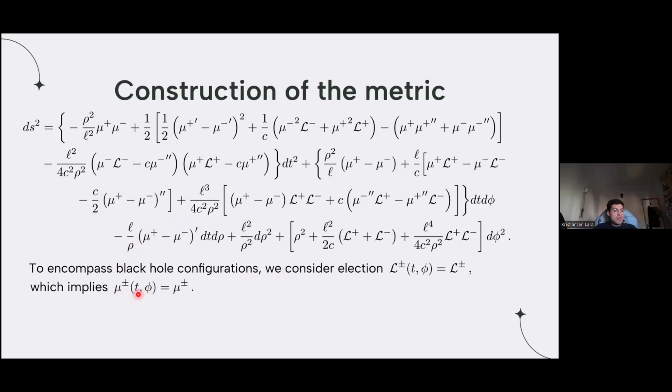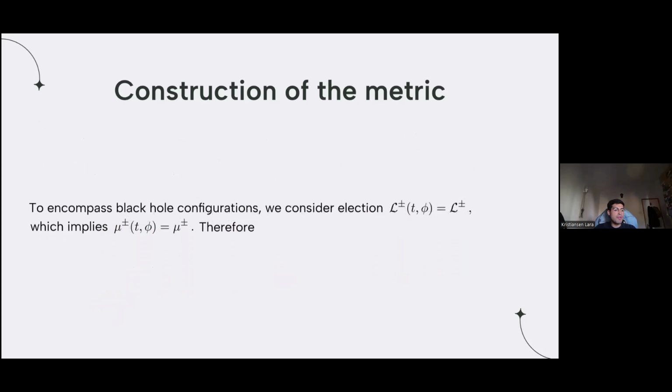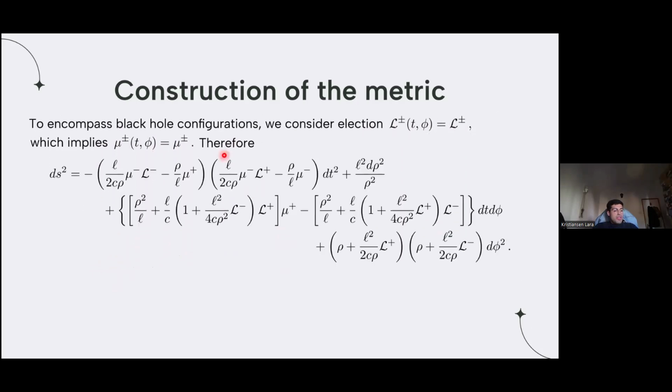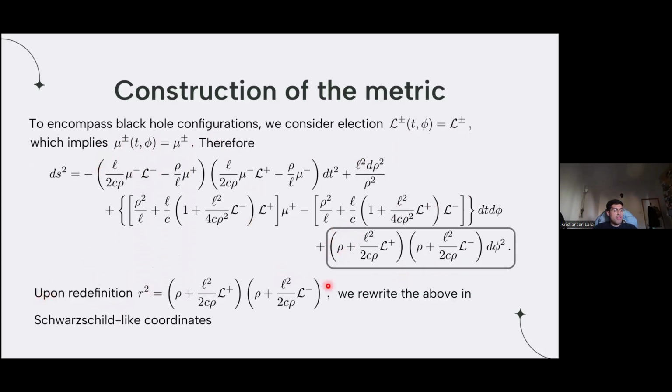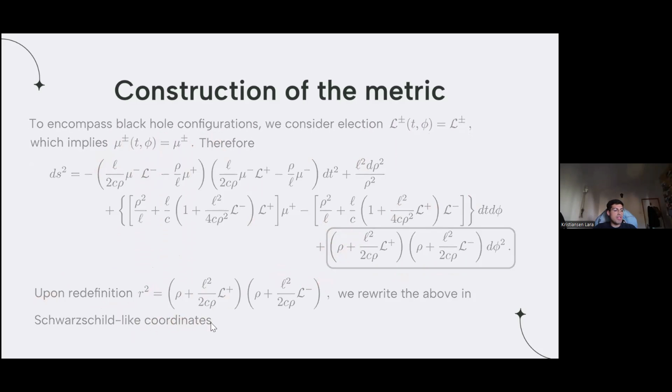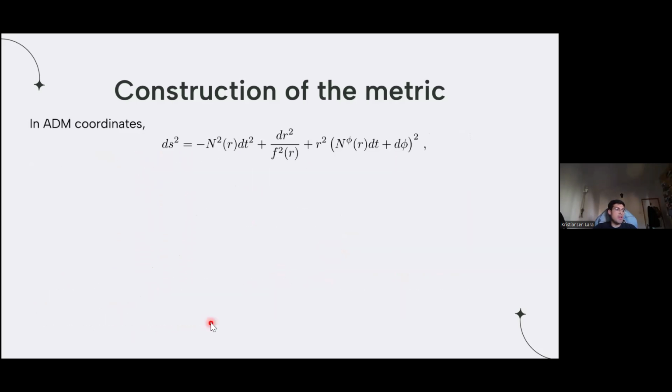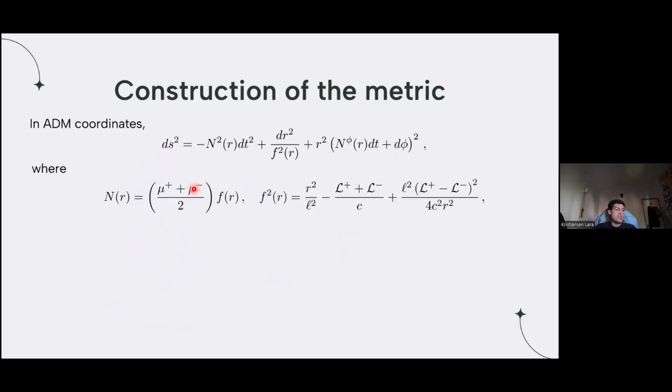So remember that mu was the functional derivative of h with respect to L. So if we consider the zero mode L, it will imply that mu is a constant. Therefore, with this constant, the metric further reduces. So now if we make the following redefinition, rewrite the above in Schwarzschild-like coordinates, in ADM coordinates like this, you have the following lapse, which is deformed by these Lagrange multipliers mu.